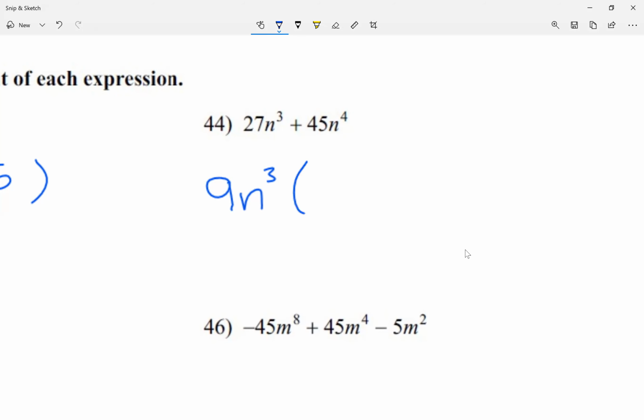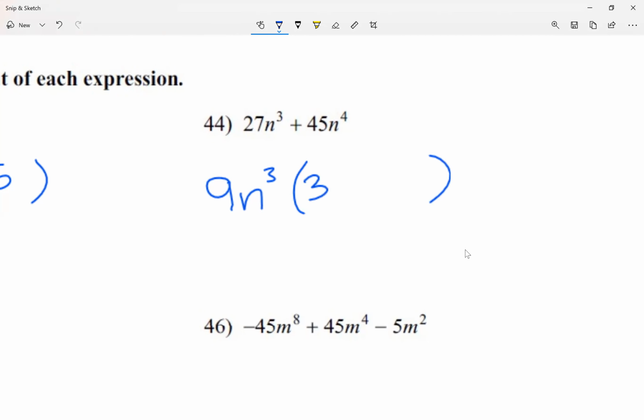Now when it says factor it out, again, I'm going to have parentheses. So for every number, I'm going to divide it by 9. When it comes to exponents on my n's, I'm going to subtract 3 from each exponent, okay? So the first term is 27 n to the third. 27 divided by 9 is 3.